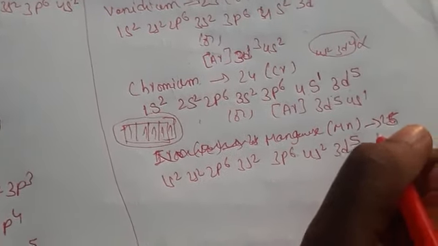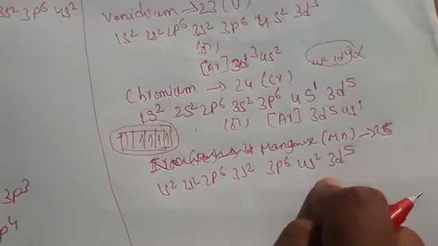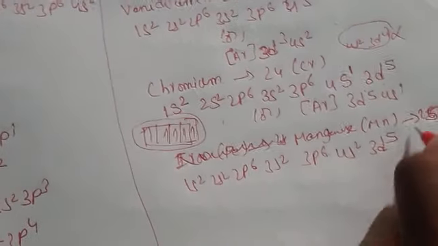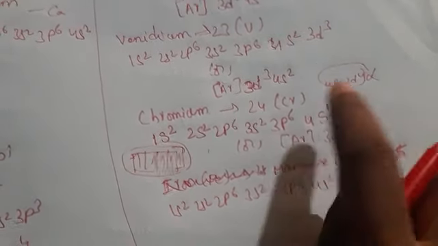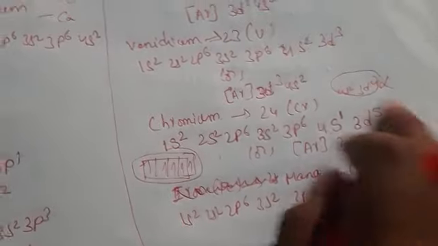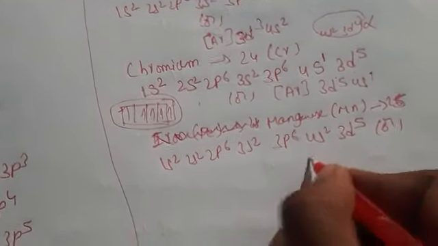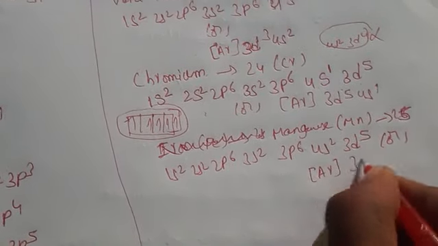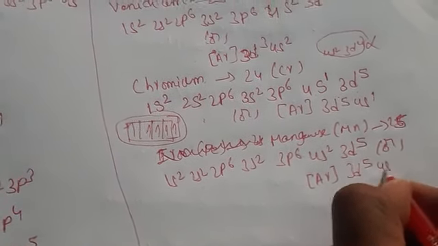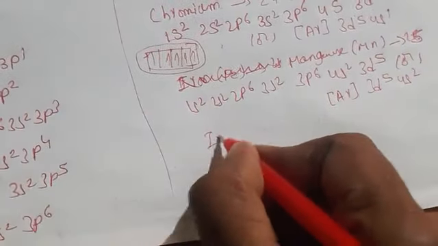It is clear that only for chromium and copper are we going to write like this. For the remaining, we are going to get it like this only. Argon 3d5 4s2.